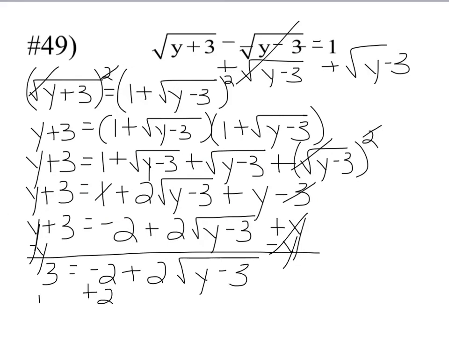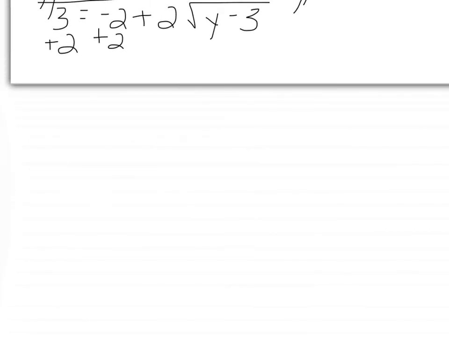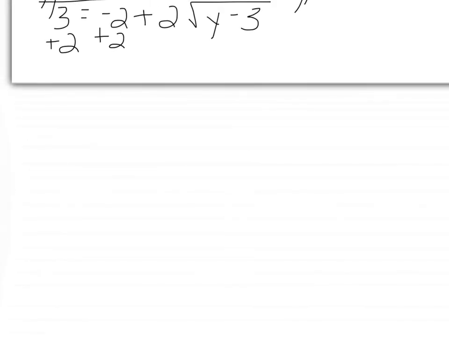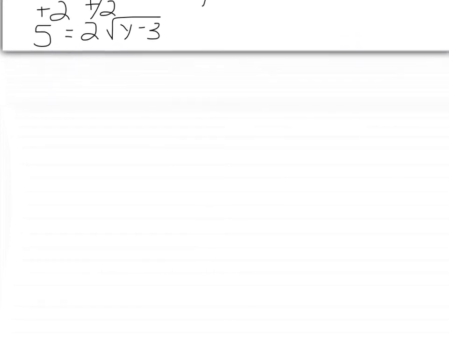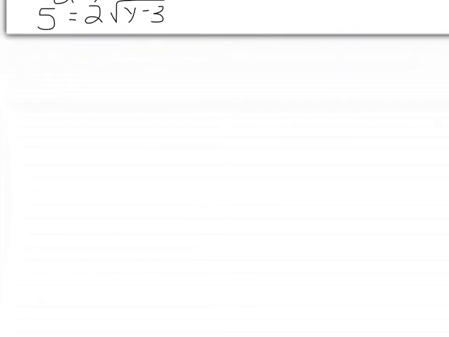Now I'm going to add 2 to both sides, which is going to leave us 5 equals 2 square root of y minus 3. Okay, you can do two things at this point.